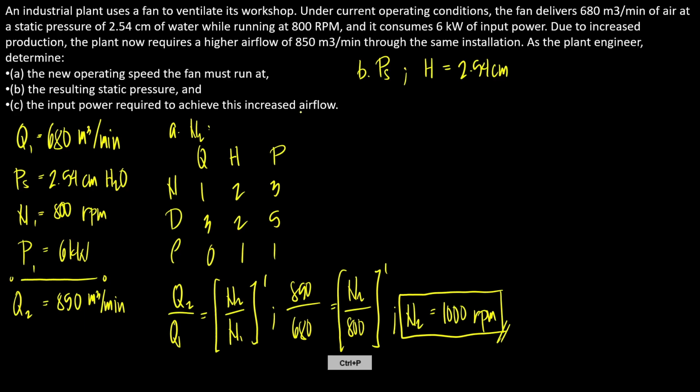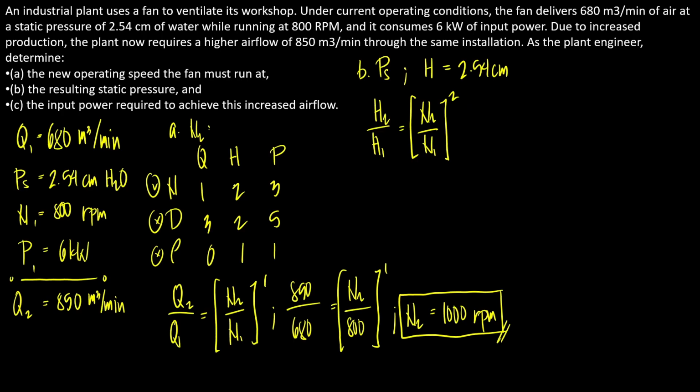So H2 over H1 is related to N. Since we only have N as given, and we don't have diameter or density, we use N. So here we have N2 over N1, and the exponent should be 2.